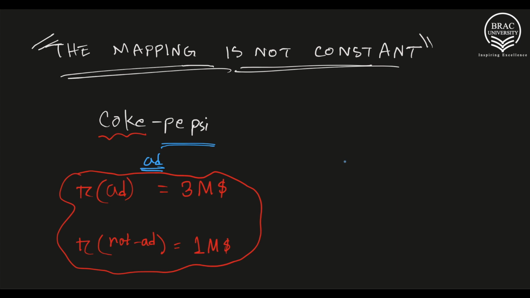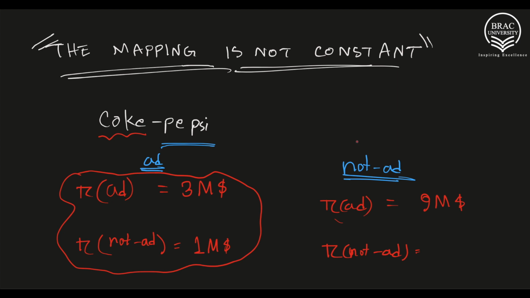However, if Pepsi decides to not advertise, then the payoff function would change and it would look like this. If Pepsi decides not to advertise and Coke decides to advertise, the payoff would be $9 million for Coke.